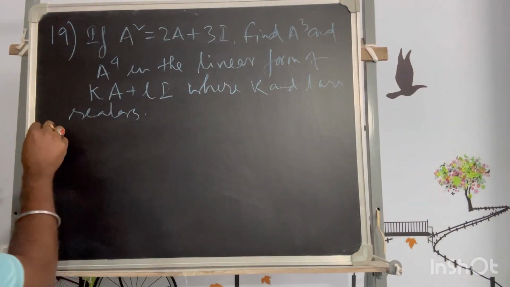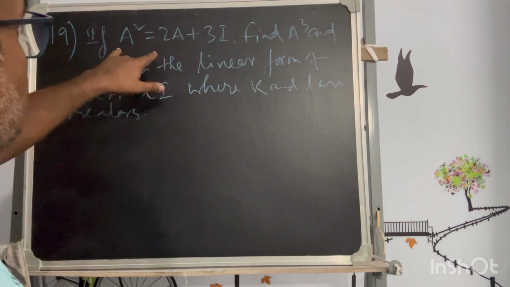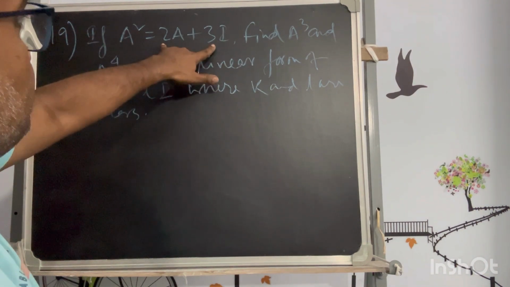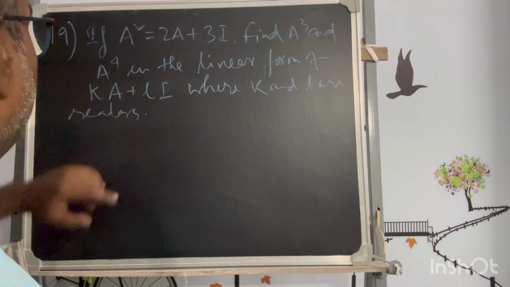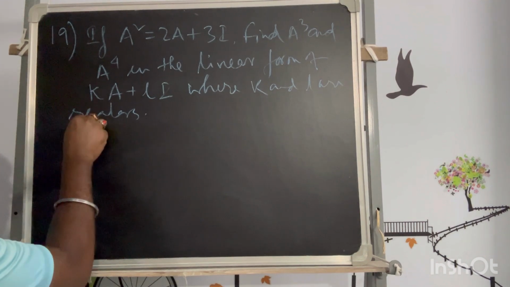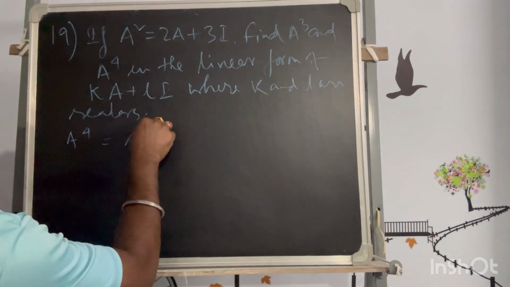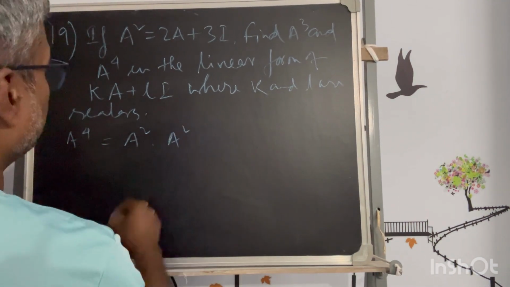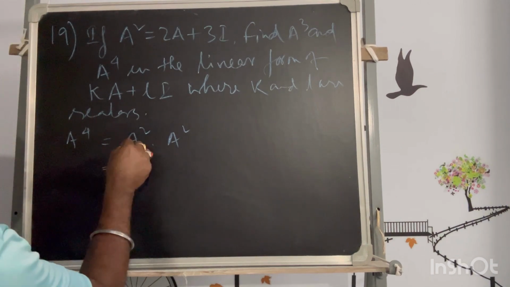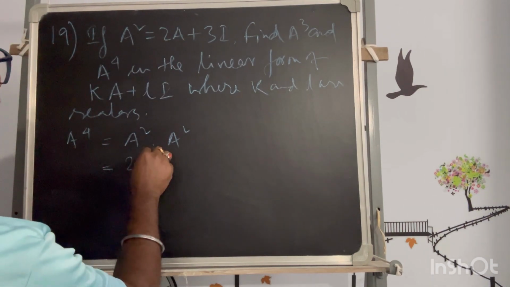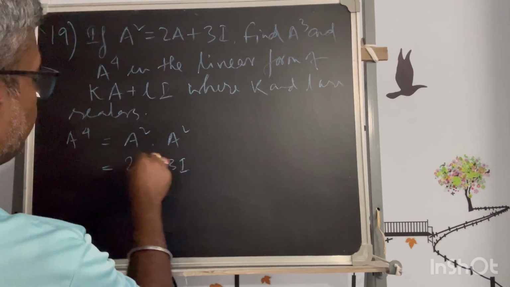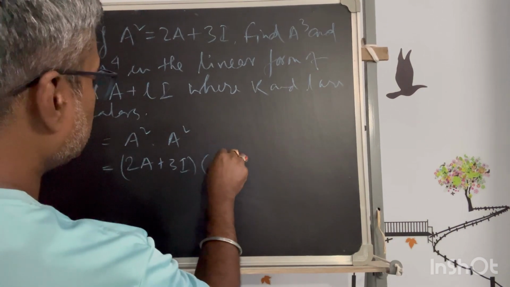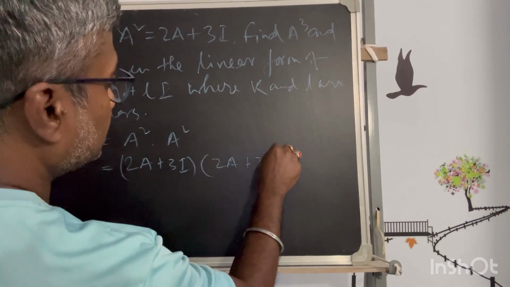So what we'll do now, as you see, a square is given as this. Now you have to find a4. If you want to find a4, we can write a square into a square. It's simple as this. So a square can be replaced with what is given, 2a plus 3I, into 2a plus 3I.